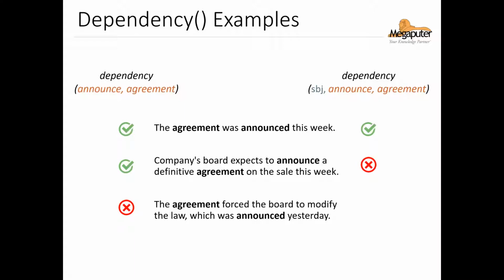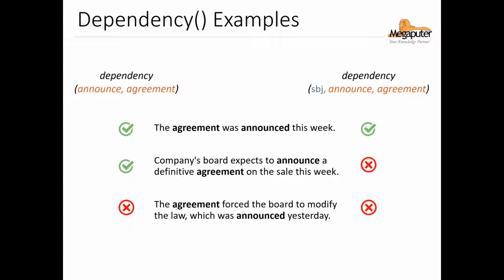Because the relationship has to go from announce to agreement, in this case, the company's board expects to announce a definitive agreement. Well, here, it's the other way around. Announce and agreement don't have this predicate-subject relationship in that ordering. And then finally, this third one, again, there's no relationship at all between these two here.